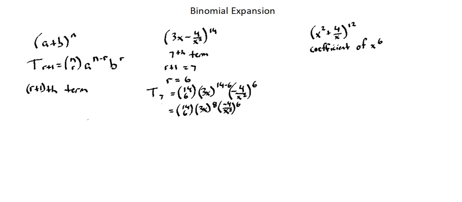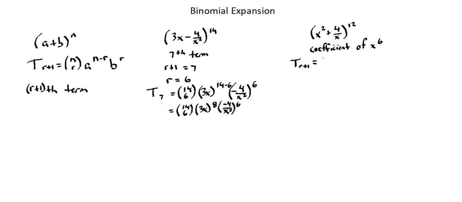Now we'll begin with the general term, but we're going to have some gaps because we don't know which term it is that we're looking for. So let's begin with t subscript r plus 1 equals n over r.